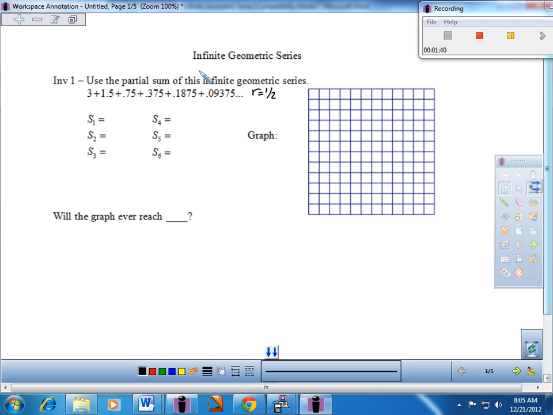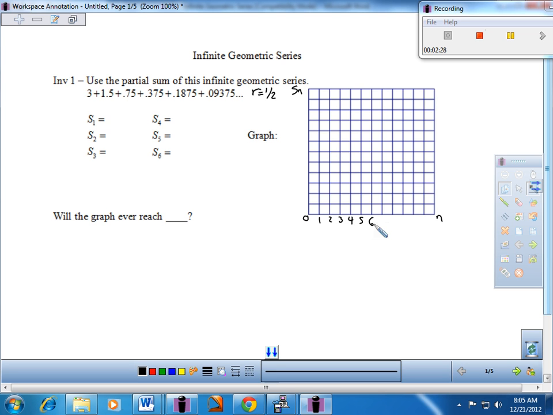Here's what I'm going to ask you all to do, just over to the side. Let's do an n right here and an S sub n right here. And just because I have a good sense of how this will play out, everyone, put a little 0 right here for me. And let's just do a 1, 2, 3. And how many partial sums are we going up to? It looks like 6, so all the way up to S sub 6.